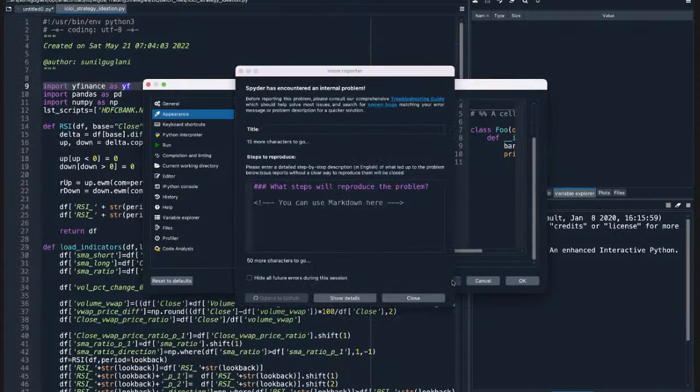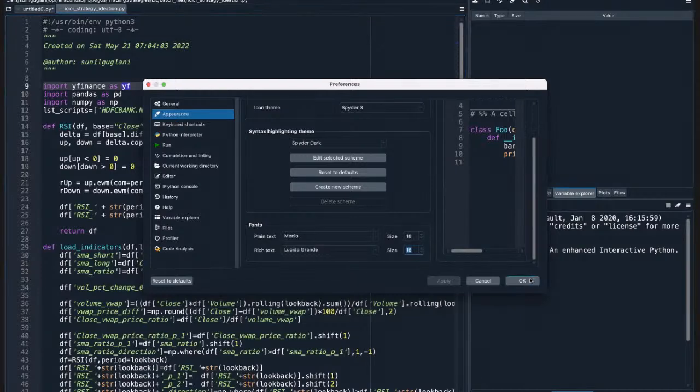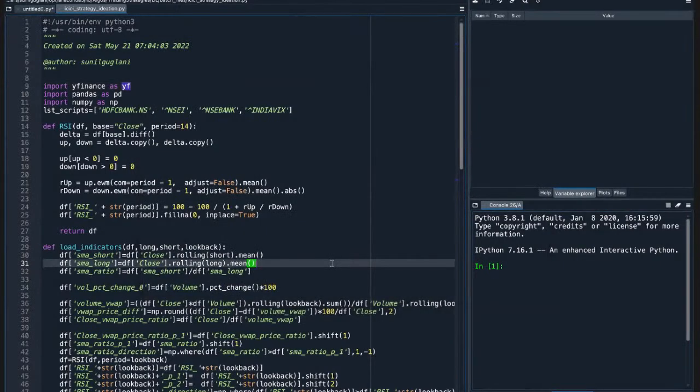I think you have to increase the size. It's better. Fine. All right, let's start again.